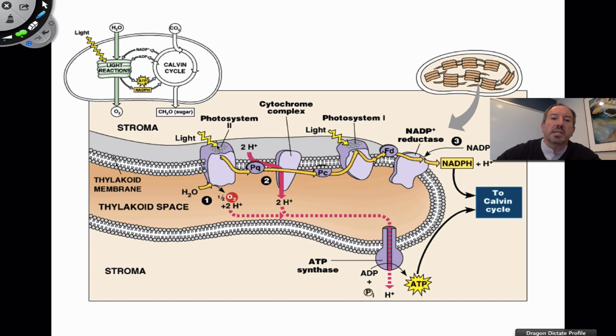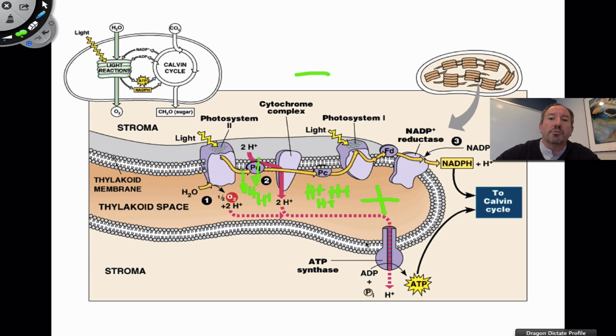The light comes in and excites the electrons, the electron transport chain carries on, and in so doing, the chloroplast is able to push these protons in here. And so these protons accumulate in the thylakoid lumen. So it becomes rather acidic and highly concentrated in protons.